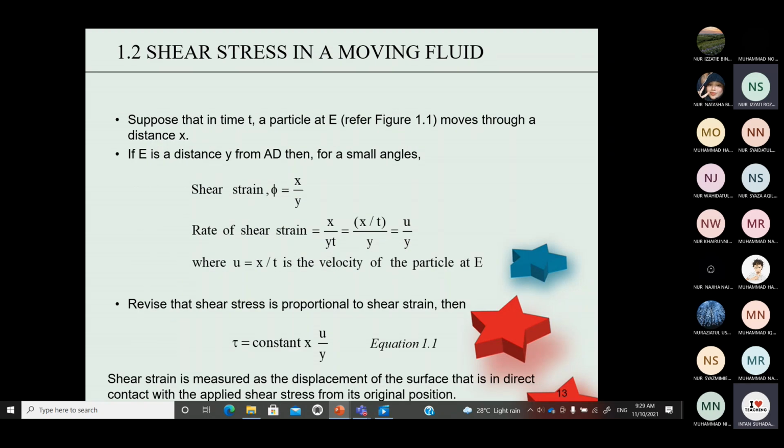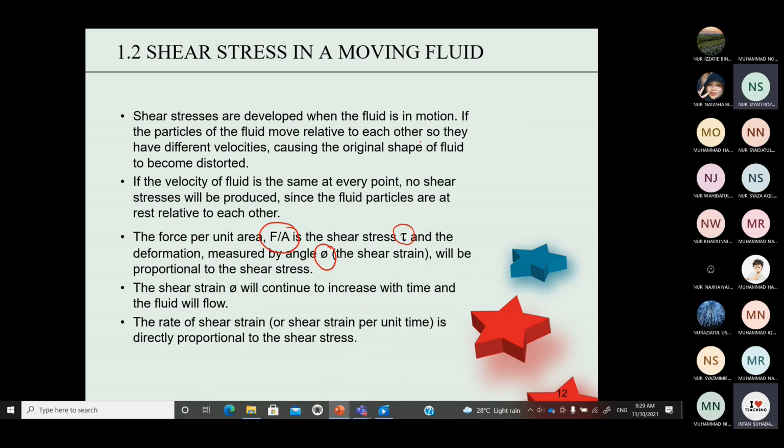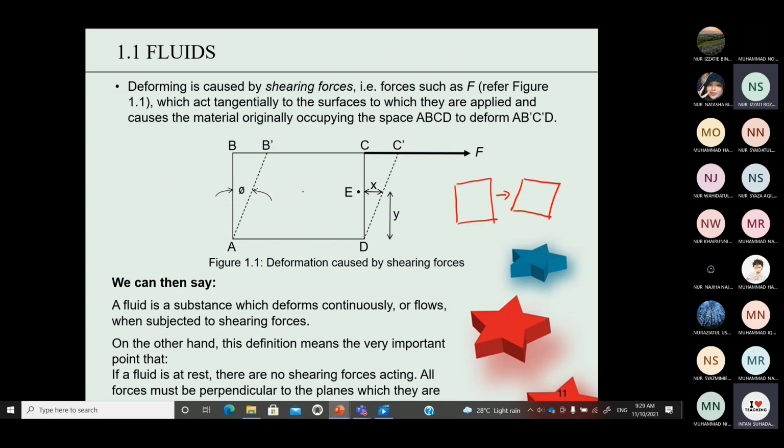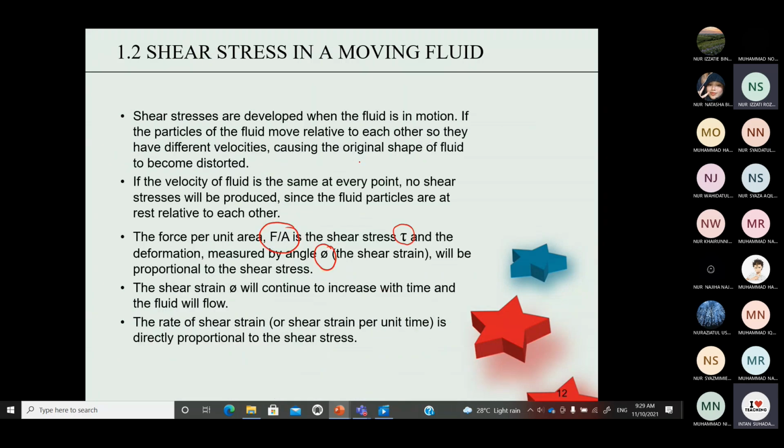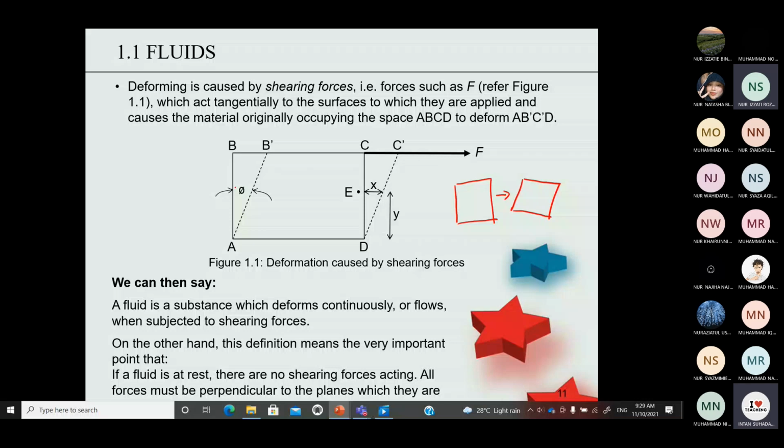Shear stress in a moving fluid. Okay, this one refers back to figure 1.1. So if E is a distance y from AD, then for a small angle, the shear strain will be y over x.